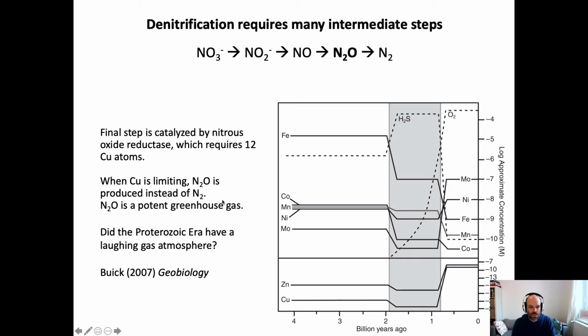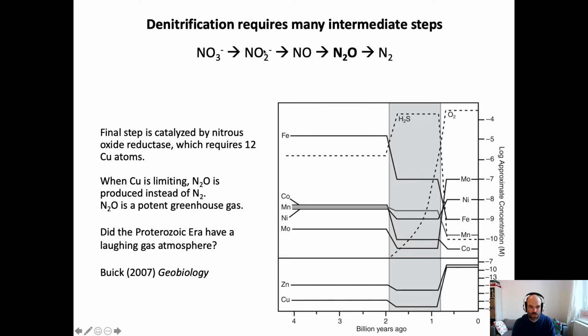All right, let's say a few more words about denitrification. First of all, as I hinted before, denitrification actually requires many steps. You are taking nitrate, which is the most oxidized form of nitrogen, all the way to N2, which is almost the most reduced state. It's not as reduced as ammonium, but it's still highly reduced. And it goes each step of the way.